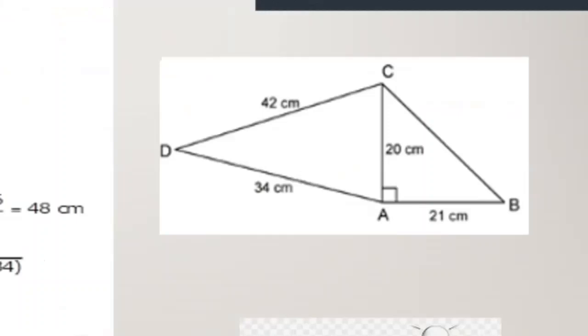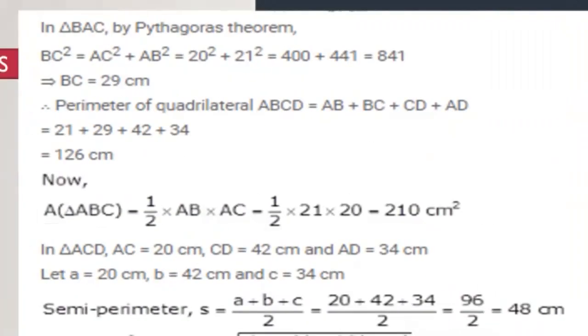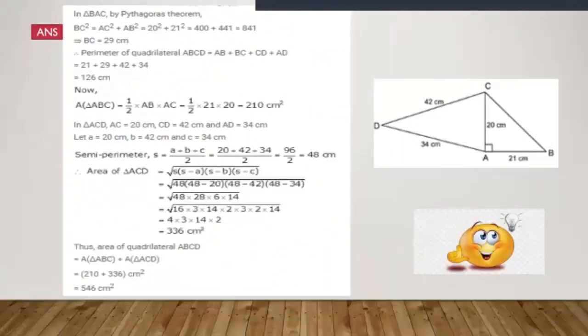BC is root over 20 square plus 21 square, so you get 29. So BC is 29. That's how this sum is started. So perimeter is 21 plus 29 plus 42 plus 34, that is 126.